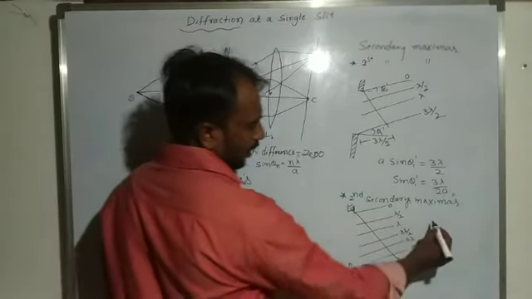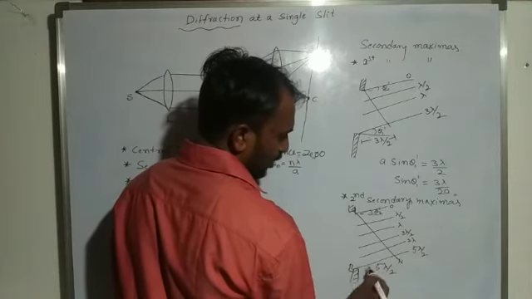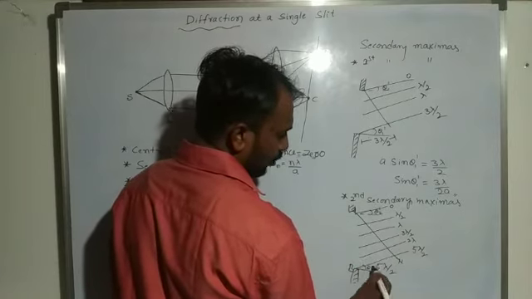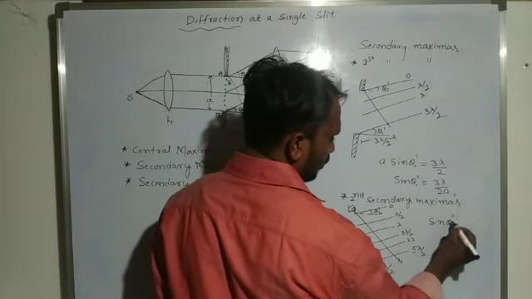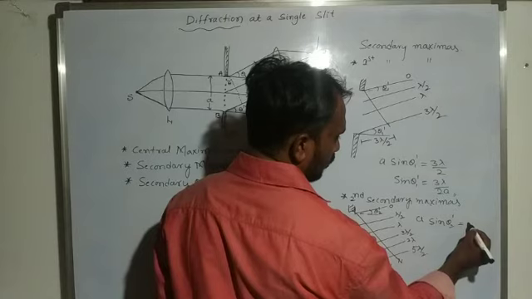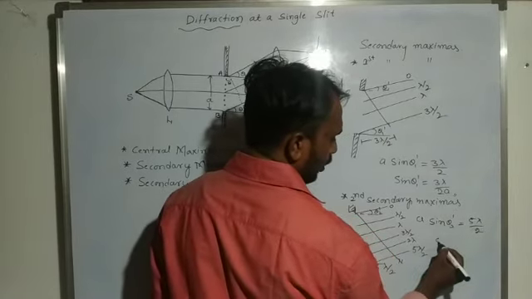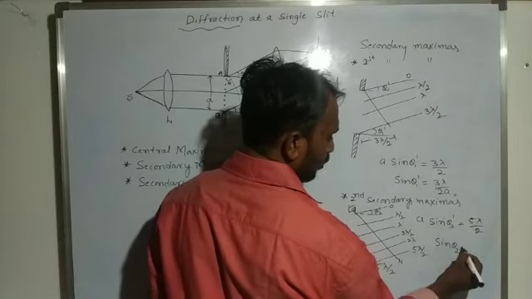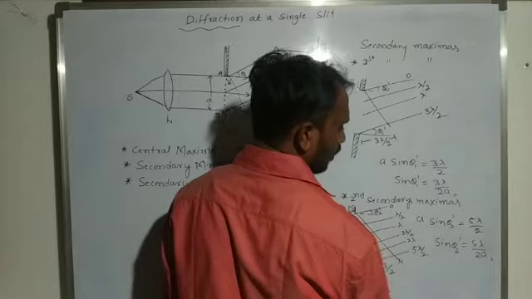For this reason, this angle is theta 2 dash and this one is also theta 2 dash. So sine theta 2 dash is equal to 5 lambda divided by 2a.